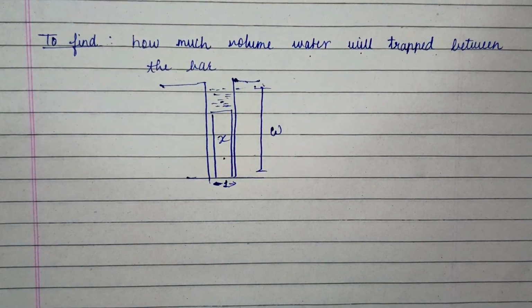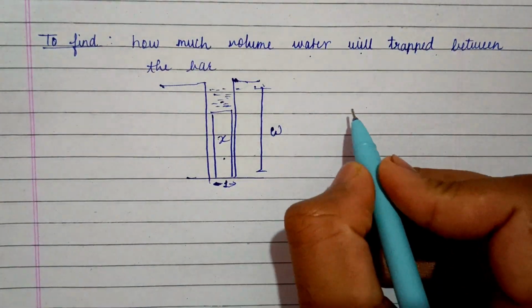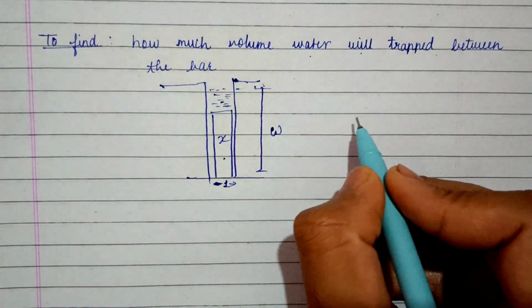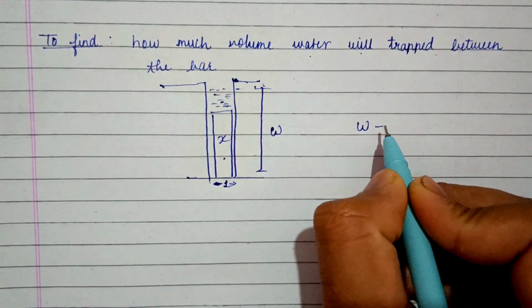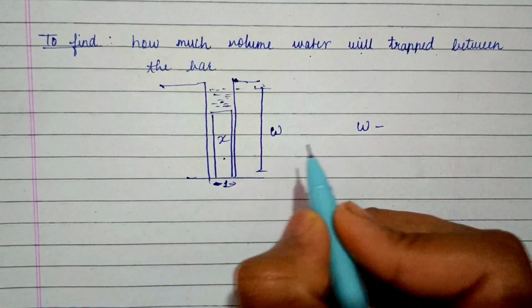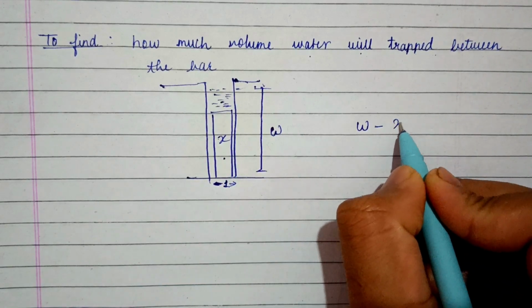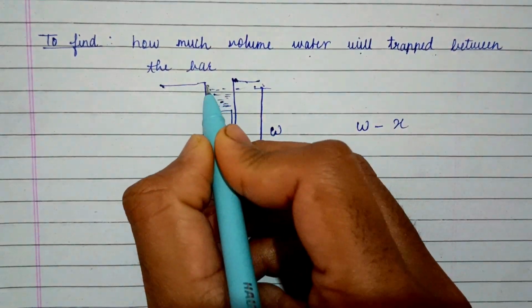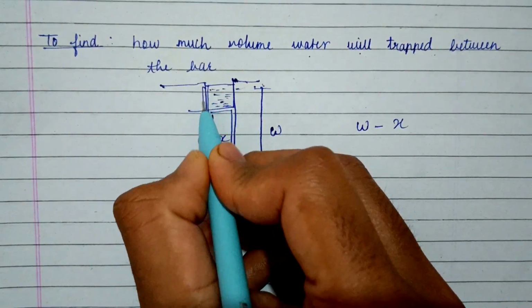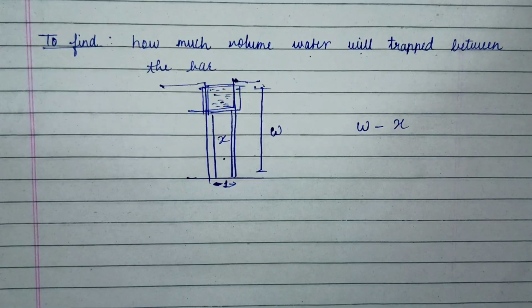So how can we get our volume of water? Simply we have to take the total height minus the bar's height. So we can get this much of our trapped water.